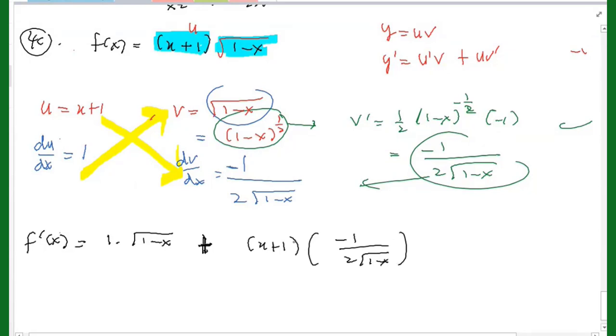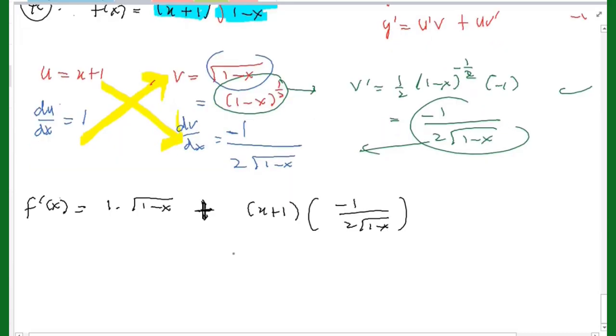So this is the product rule, plus, it's lighter. Earlier, the quotient one was minus because of the over, it was heavy duty, right? Then simplify: (1 minus x) plus or minus, minus (x plus 1) over the root of (1 minus x).